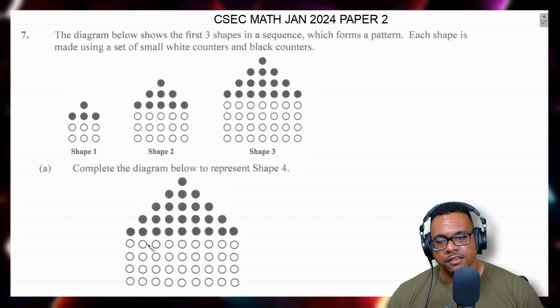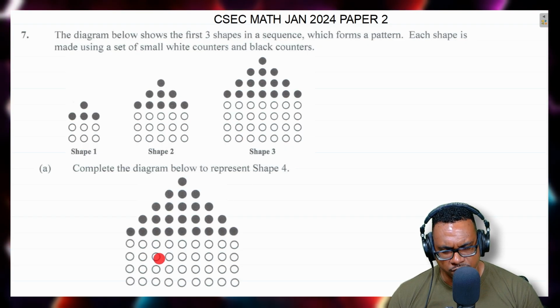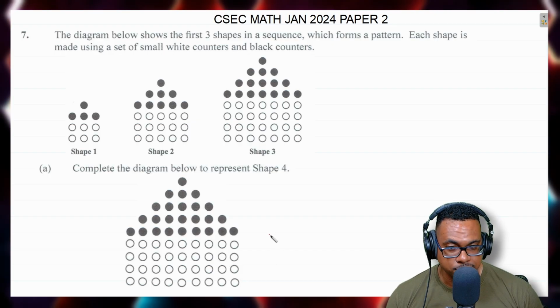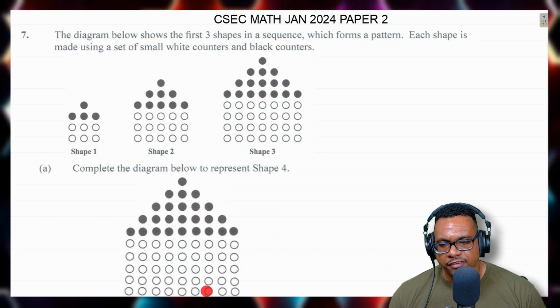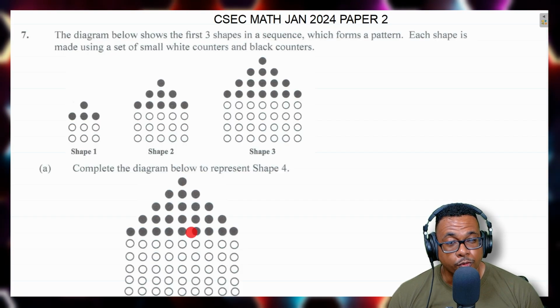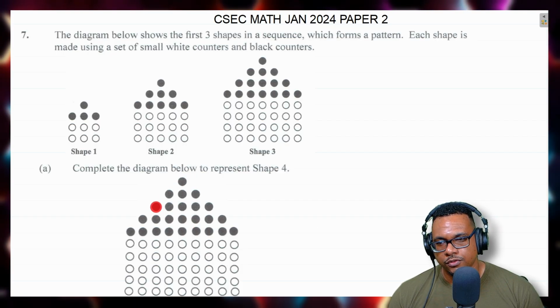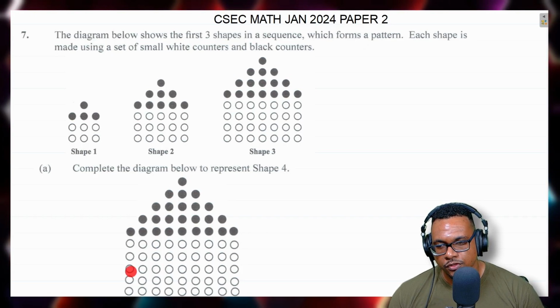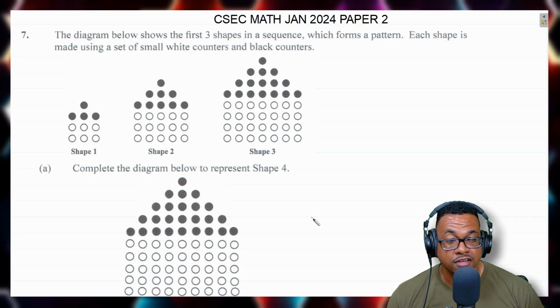Therefore, here I'm supposed to have 5 rows of white counters. So I need to add an extra row of white counters. So now that we have our final row of white counters, this diagram would represent shape 4. We have 5 rows of black counters and 5 rows of white counters.